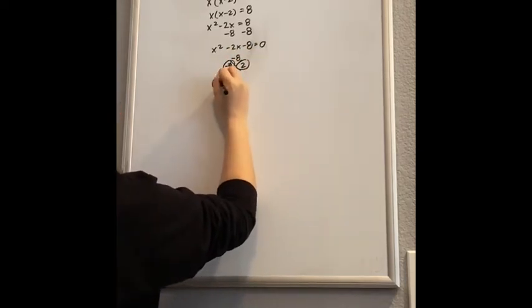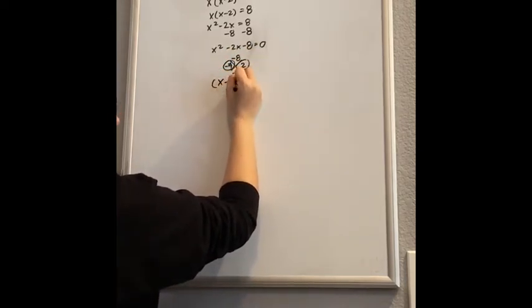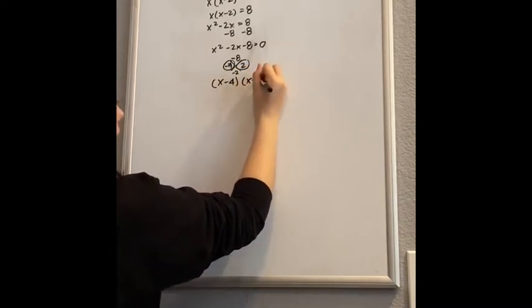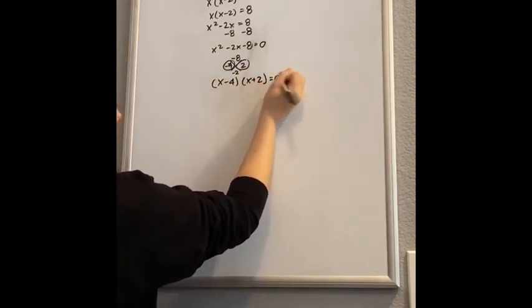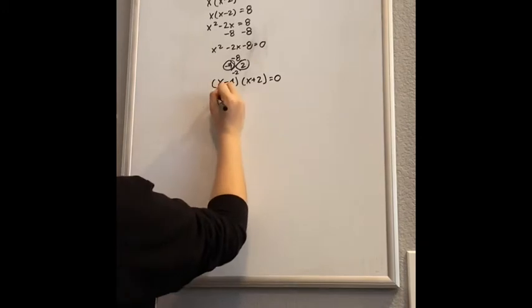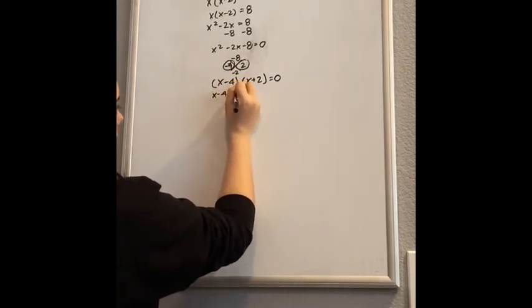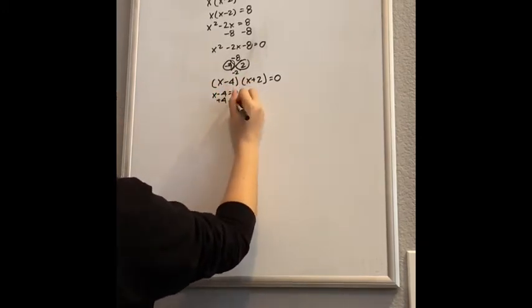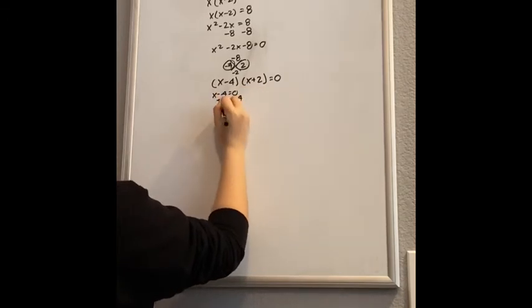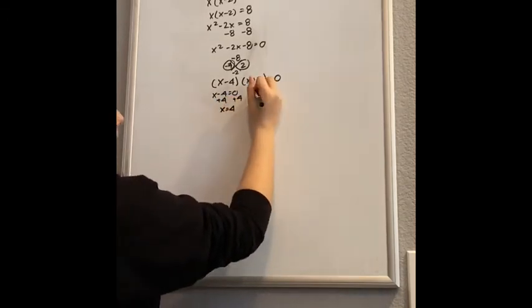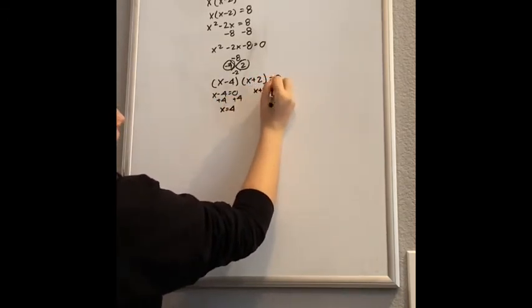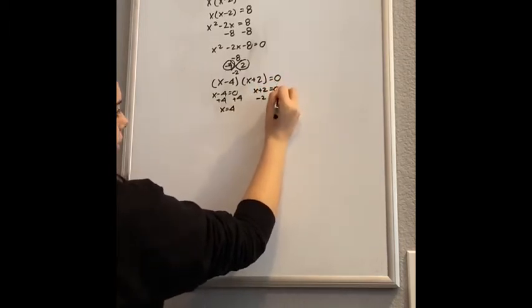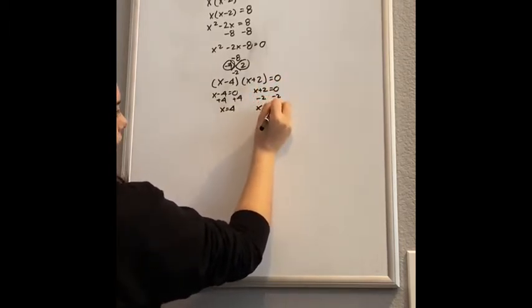So x minus 4 and x plus 2 equals 0. So then you have to set them both equal to 0. x minus 4 is equal to 0, add 4 to both sides, you know that x equals 4, and the same thing here. x plus 2 equals 0, subtract 2, x equals negative 2.